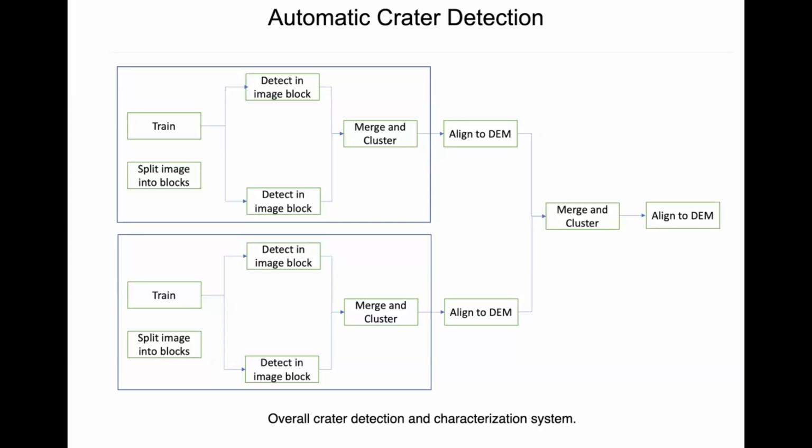As you can see here, we can run the same method on a block of a NAC image, on a full NAC image, or on a set of NAC images that are overlapping. Our method generates results in the presence of DEMs or just using NAC images.